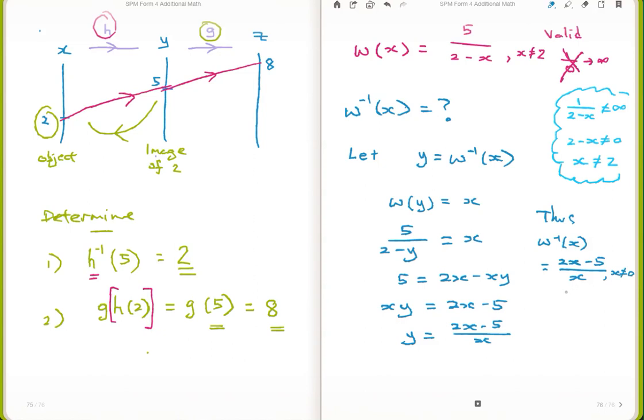Maybe a second question: what's the inverse of 4? That will be 2 times 4 minus 5 over 4, and the answer would be 3 over 4.